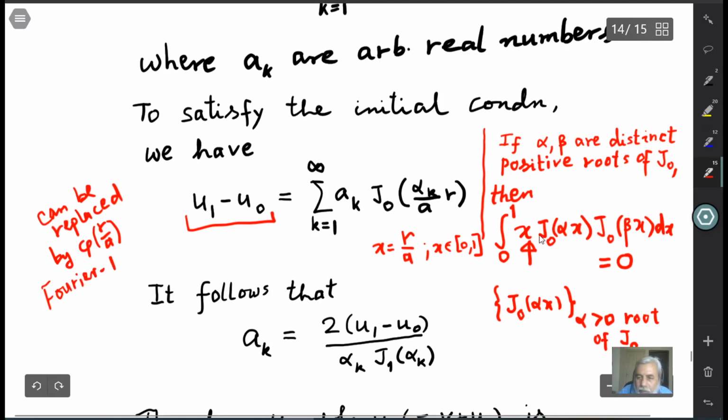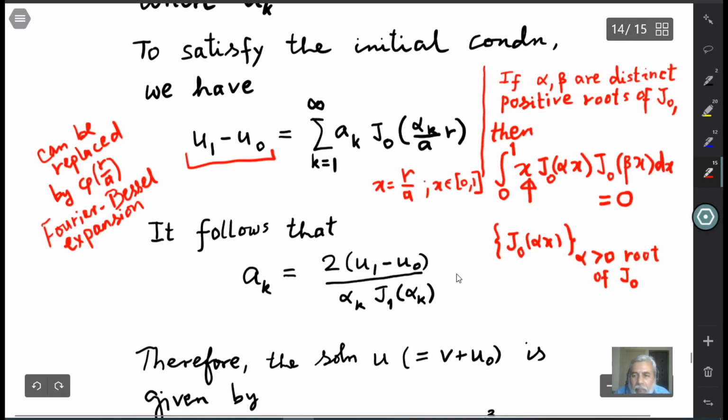Once you prove this family of functions is an orthonormal family with suitable normalizing constants, where orthogonality conditions are there and you divide by normalizing constants, then there is a general theory. You can expand any suitable function in terms of this orthonormal family, and since it involves Bessel functions, it is termed Fourier-Bessel expansion.